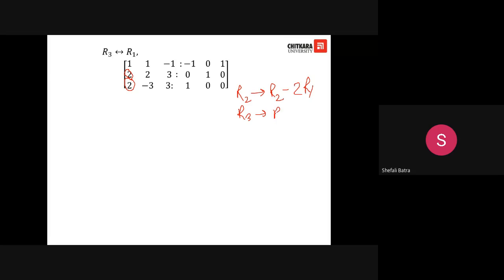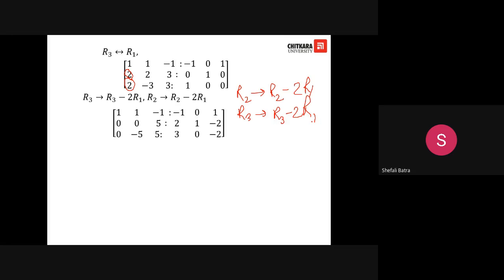R3 implies R3 minus 2 times of R1, right? After applying these operations, you will be getting this matrix. 1, 0, 0, 1 minus 1, 0, 5, minus 5, 5, and corresponding whatever changes will be there, that is represented by this matrix.